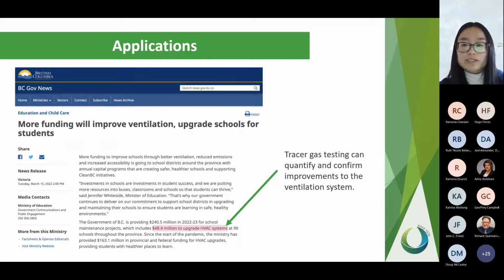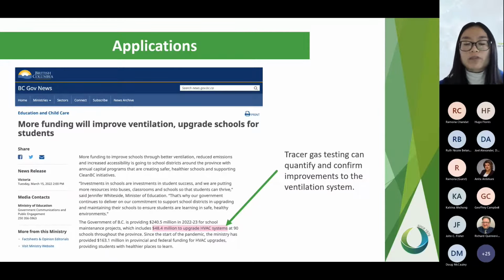On the topic of schools, the pandemic has brought light to the importance of ventilation in classrooms, and governments such as the BC government are committing more money into improving air quality for students and teachers. It was recently announced by the BC government that they are providing nearly $50 million to upgrade the ventilation system in schools throughout the province.